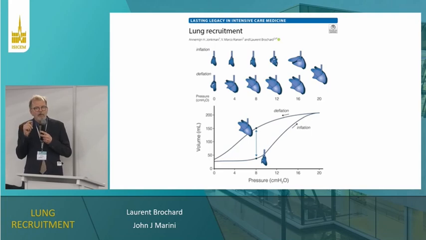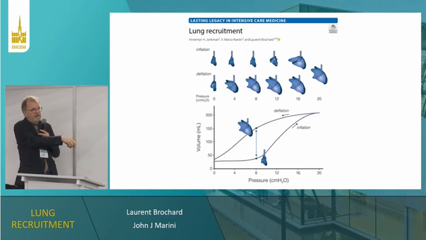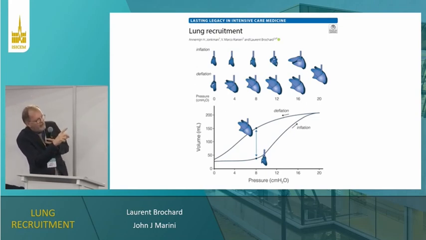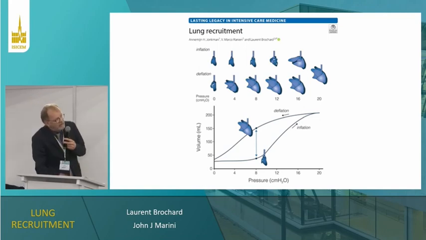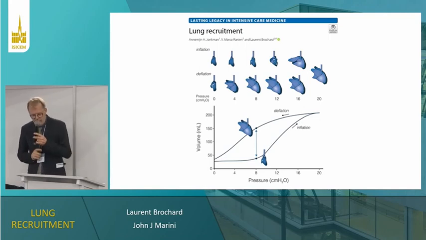But where you have, at the same time, a photograph of a lung, which is out of the chest, right? So John mentioned the role of the chest wall. Here you have no chest wall, but you see the lung at the very top is completely collapsed, right? And then you progressively inflate the lung until you reopen.